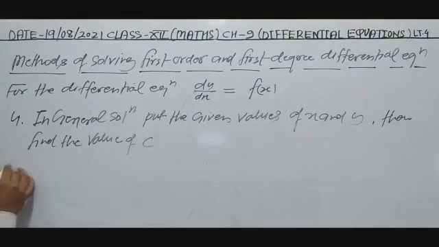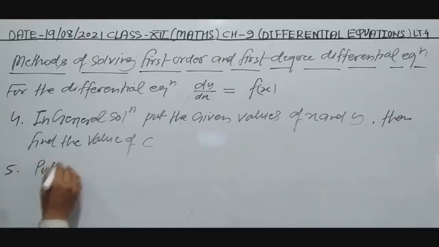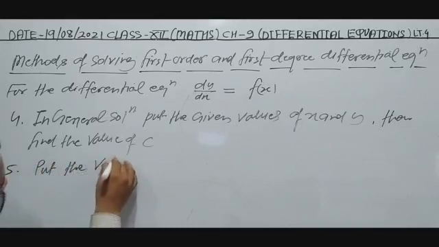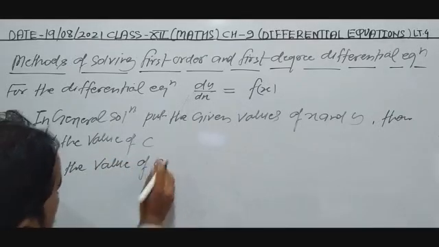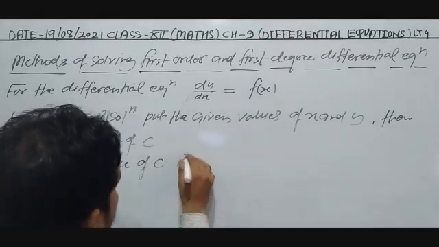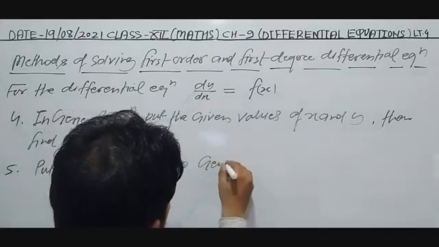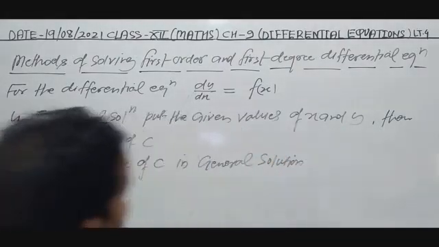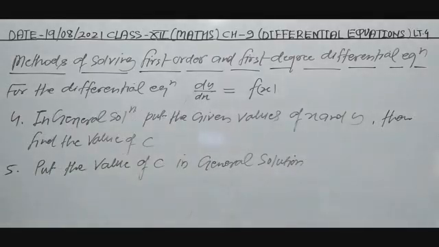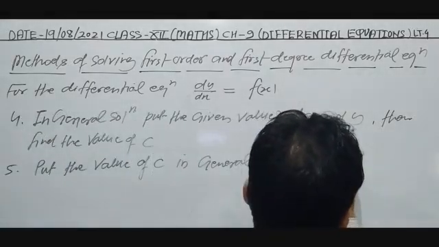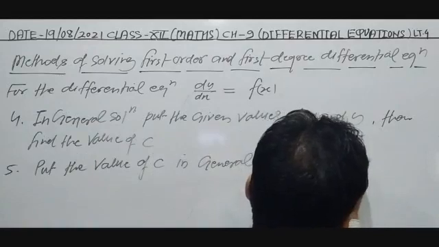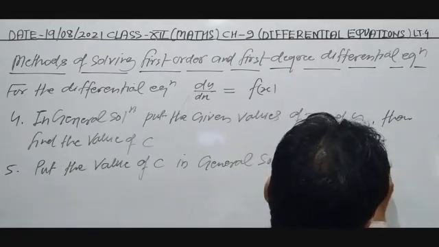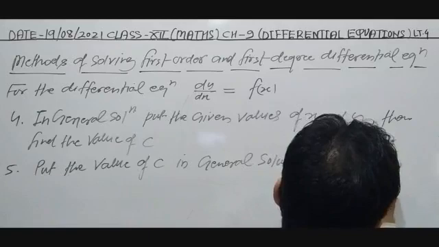Now the fifth point will be, put the value of C in the general solution. Then what will you get?